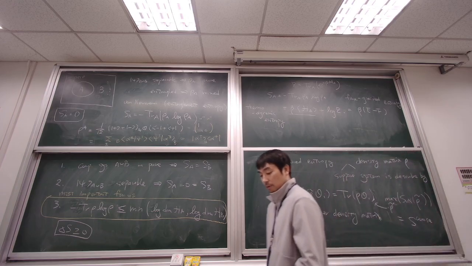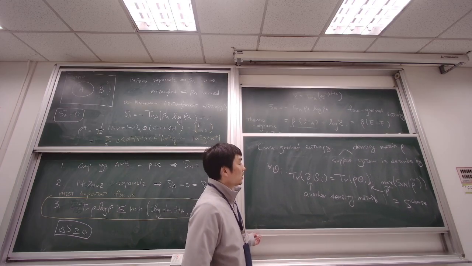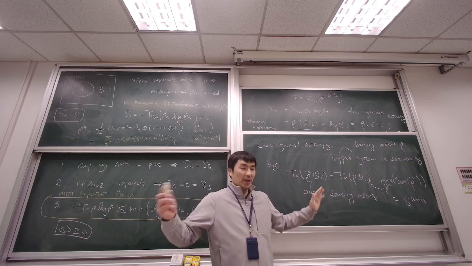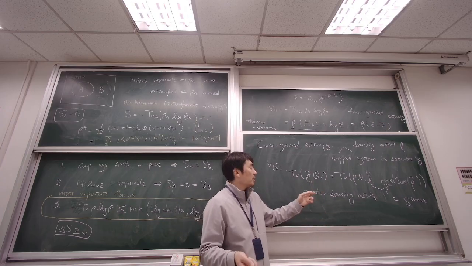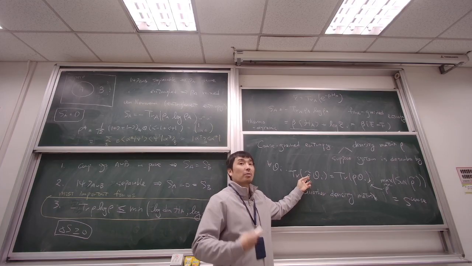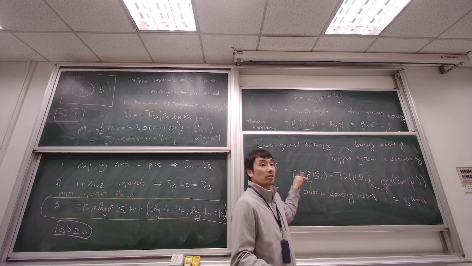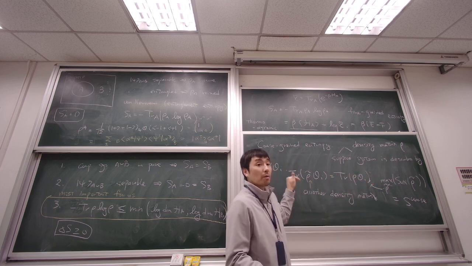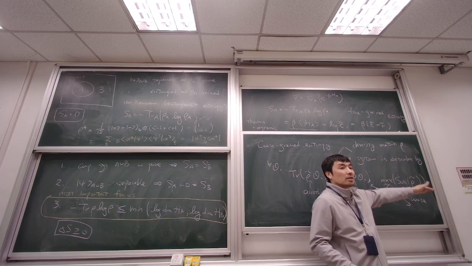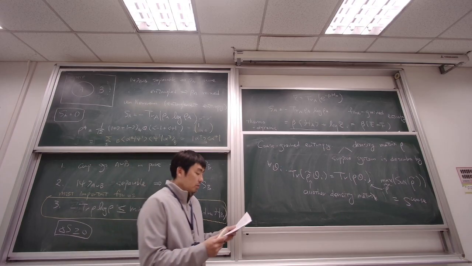So you just consider whatever density matrix one can create from whatever Hilbert space, try to find all the density matrices which satisfy this property, and then take the maximum value of the von Neumann entropy. That is called the coarse-grained entropy.